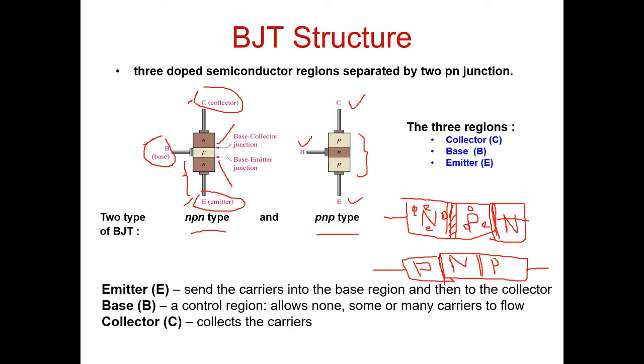So if the emitter part is the n-type, so here it means that it sends the carriers. So the carrier would refer to the free electrons. Okay, so the free electrons are emitted to the base and also to the collector.